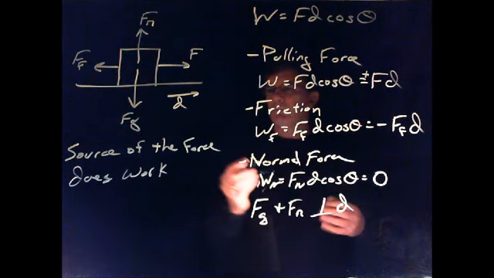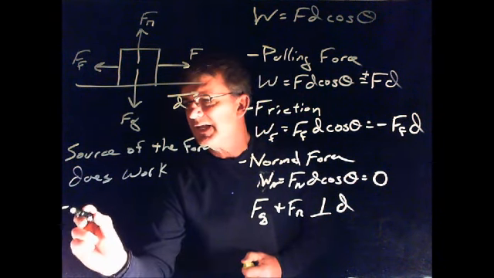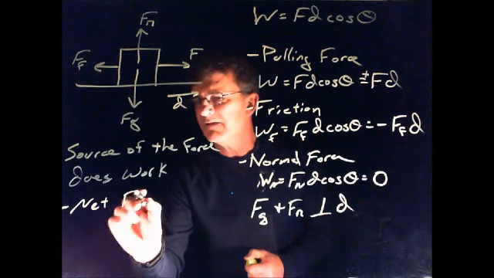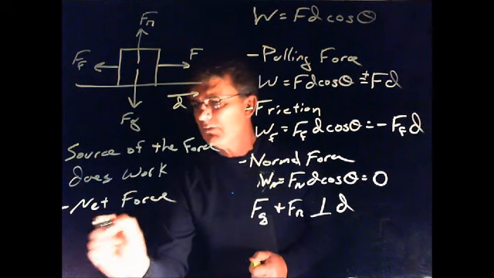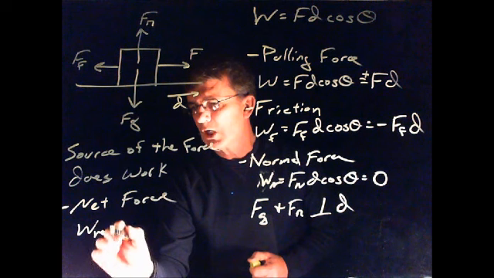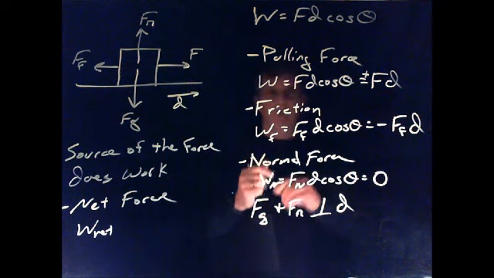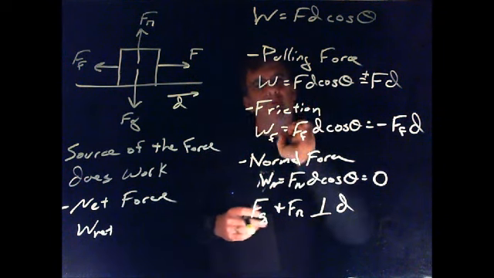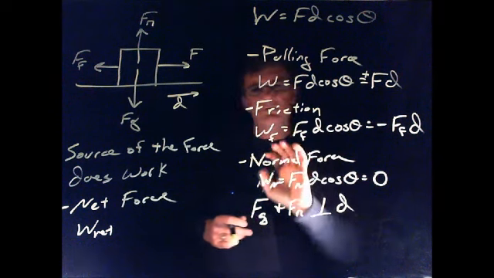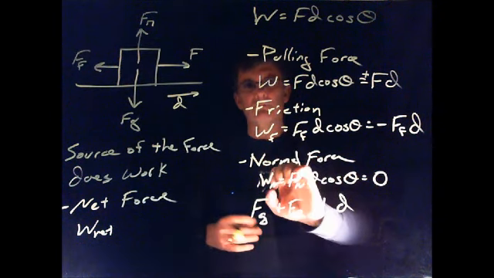I'm running out of room, but let me go over here and ask, what about the net force? Well, the net work, this is the overall work. The work done by the pulling force, plus the work done by friction, plus the work done by the normal and gravity, which is 0.